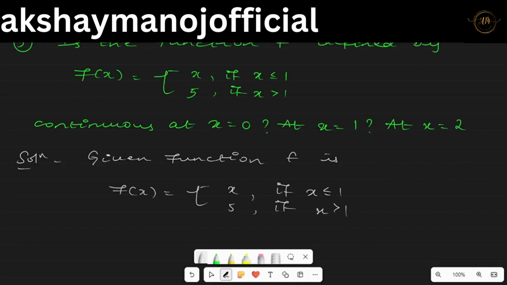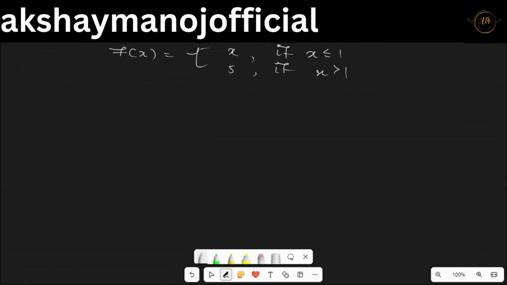Right? Okay. Now, the first thing we have to check is at x equals 0.